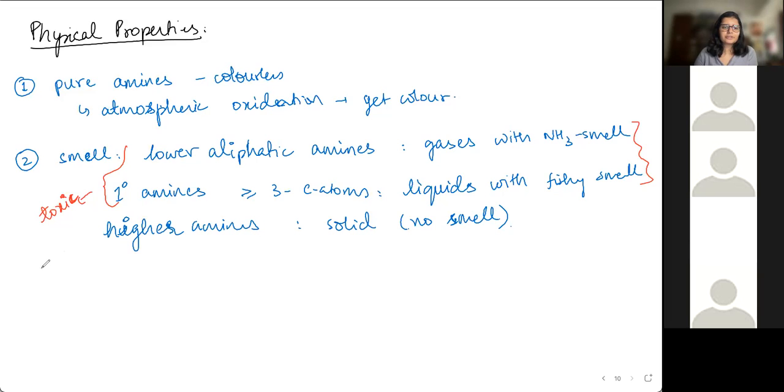Aromatic amines are also pretty toxic. Shouldn't be consuming them. Shouldn't be taking any amines actually in general.